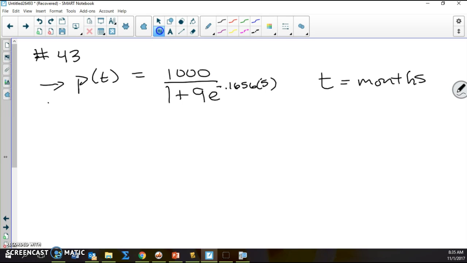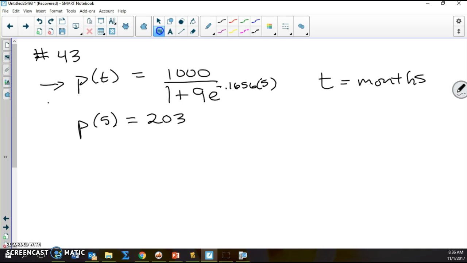Then we see that we have no more variables. Inputting that value for problem 43 would give us roughly 200. So P of 5 would give us roughly 203 animals if you calculate it correctly.